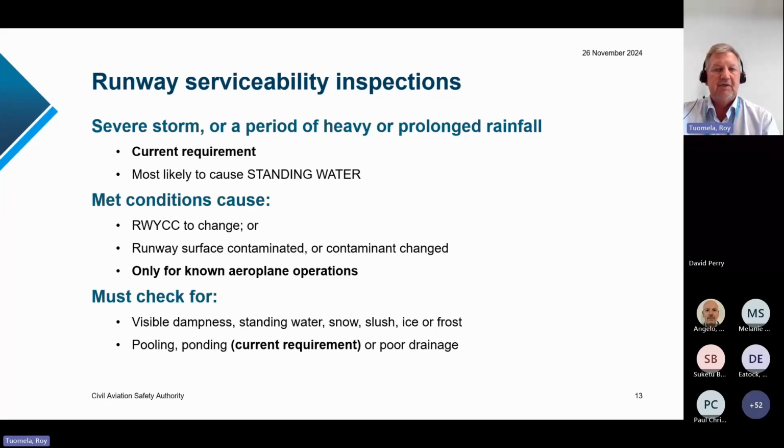Or the runway surface condition has changed from something that could have been standing water and is now gone to wet, and then the RCR would no longer be required. Again, these additional serviceability inspections, apart from the heavy or prolonged rainfall, are only required if there are known aeroplane operations.